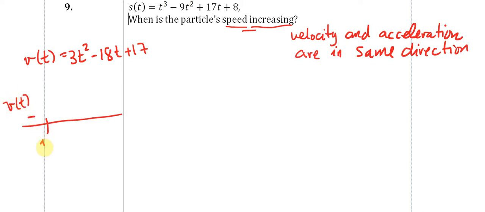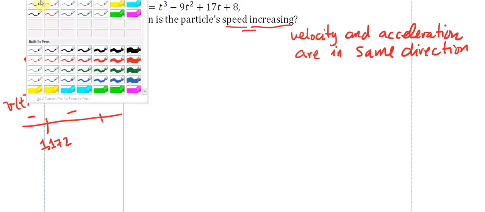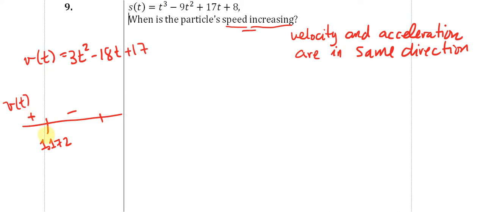It's positive from negative infinity to 1.172, negative from 1.172 to 4.826, and then positive after that. So we already figured out all the information from the previous problem regarding the velocity.